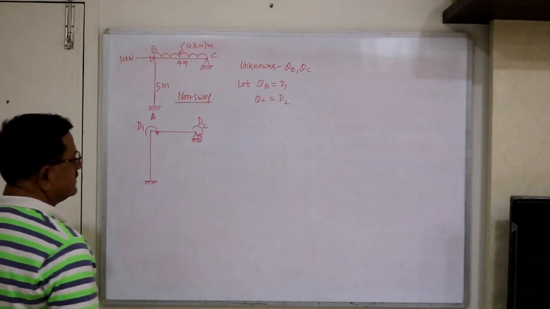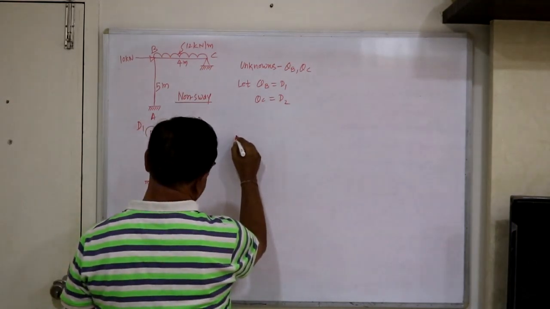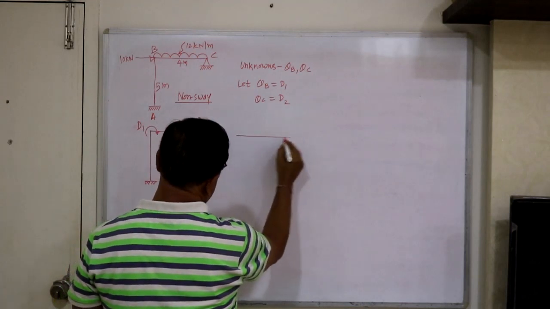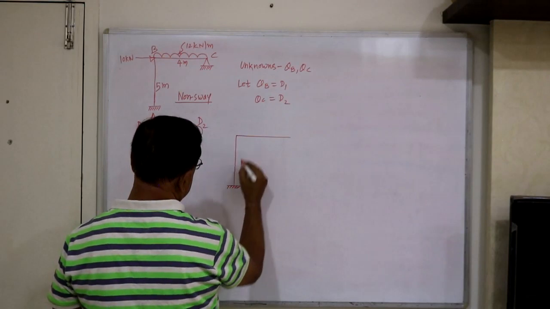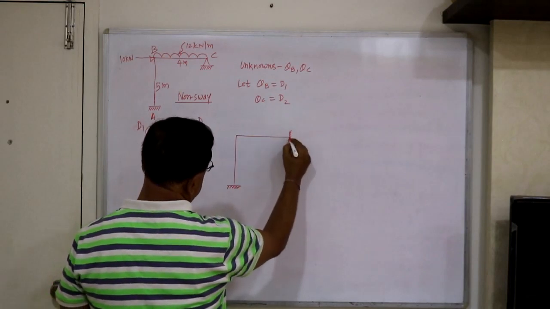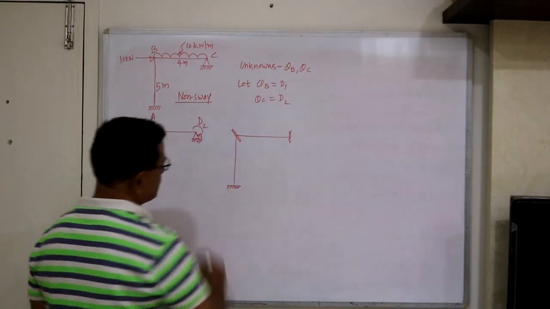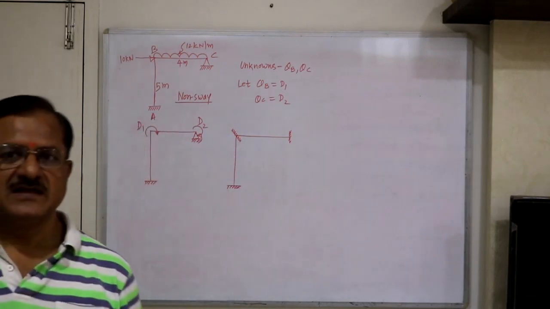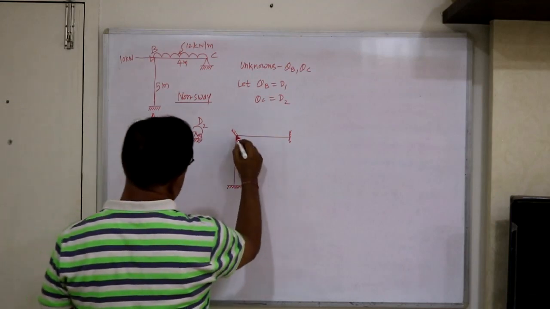Now next, make it fixed, restrain the structure. Say obtain a restrained structure. This is a rigid joint, so make it fixed here. Do not allow any rotation. So this is a restrained structure and show the external loading acting on it.